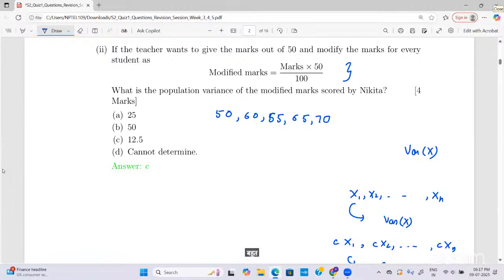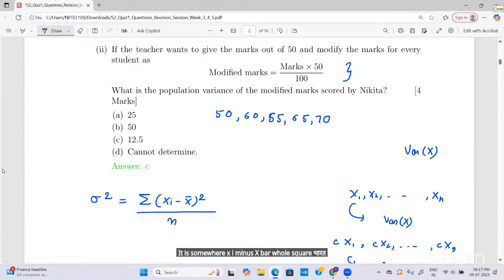What is the formula for the population variance? Sigma of xi minus x bar whole square divided by n, where the summation goes with i from 1 to n.